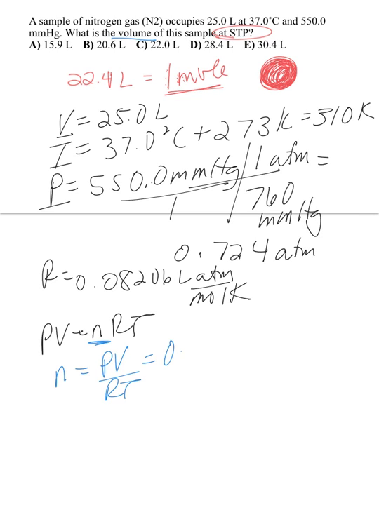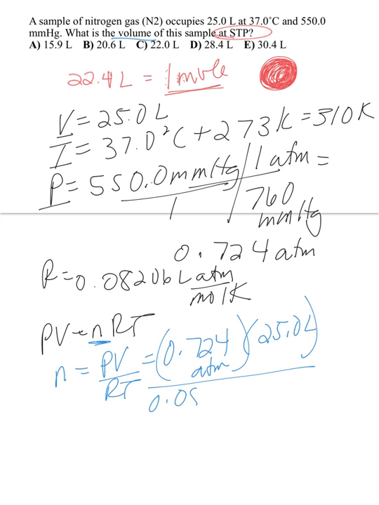So you put 0.724 atmospheres times the volume, which is 25.0 liters, divided by R, 0.08206 liters atmosphere per mole Kelvin, times your temperature, 310 Kelvin, and then let's go ahead and solve that. 0.724 times 25 divided by 310.